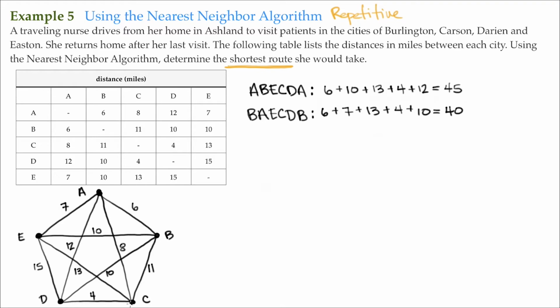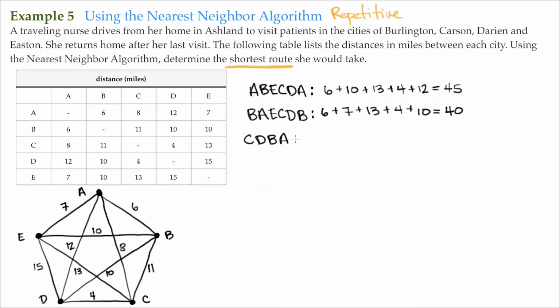C right away, the shortest one, C to D. Then D up to B. That's 10. Then from B to A, that's 6.